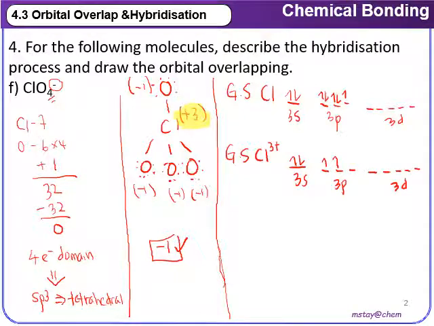Based on the Lewis structure, we have 4 bonds, so we also need 4 unpaired electrons.